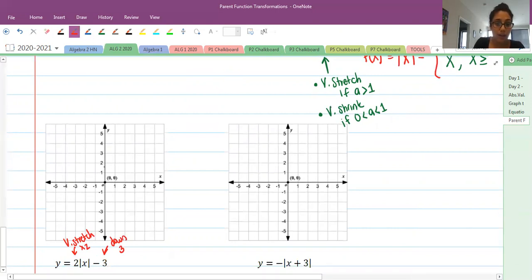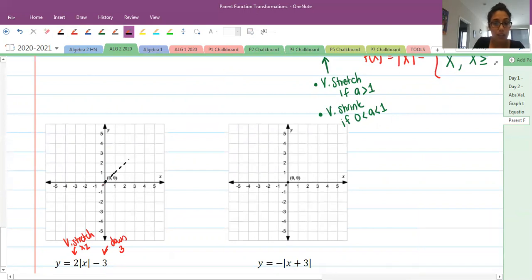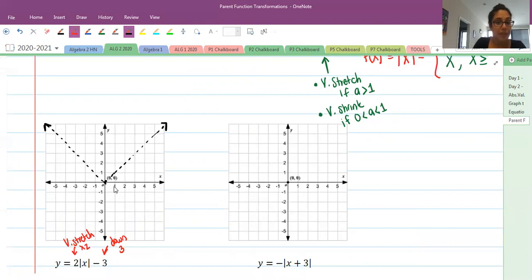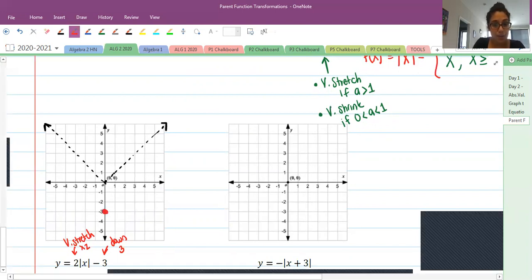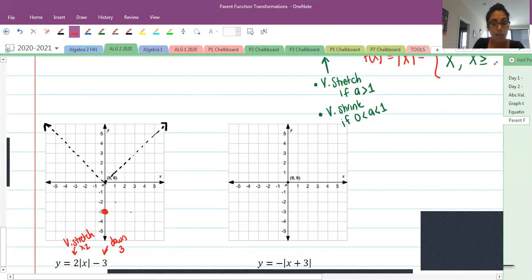So I'm going to go down 3. It was over here. Our parent function looks like this. This is our parent. We always draw the parent because we want to compare it. And then it goes down 3. And then instead of it going with the slope of 1, it's going to have a slope of 2.